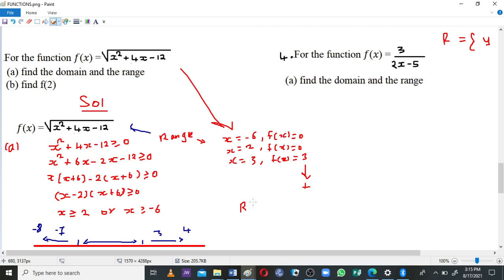So that means your range is going to be f(x) such that f(x), or the y values, will be greater than or equal to 0.